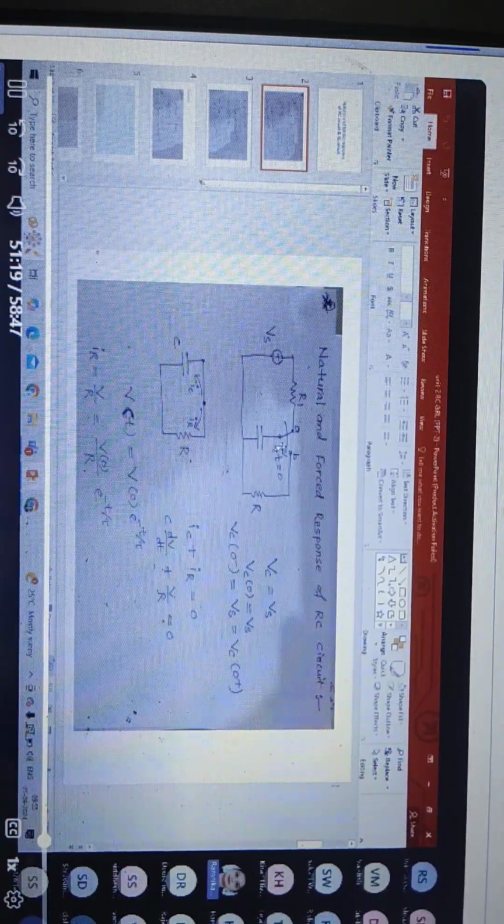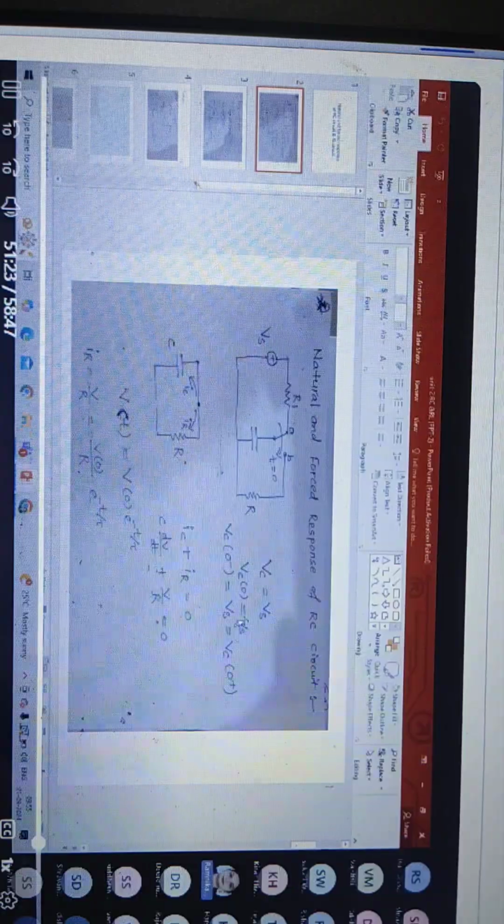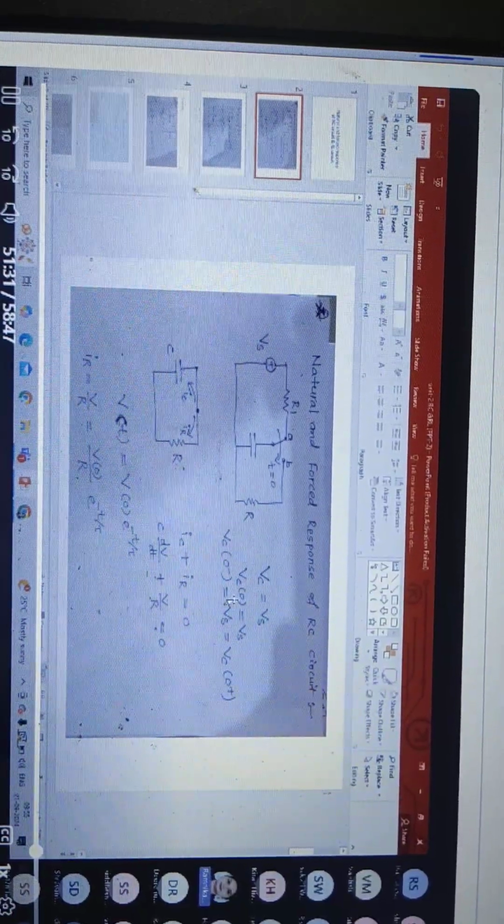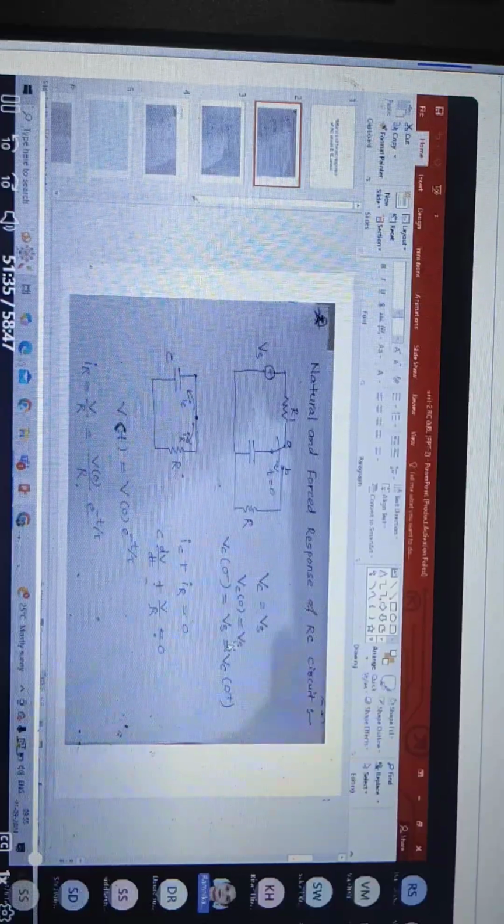Across this capacitor, the voltage VC is equal to the input supply Vs. So when t equal to 0, VC becomes VC(0), equal to the input voltage source.